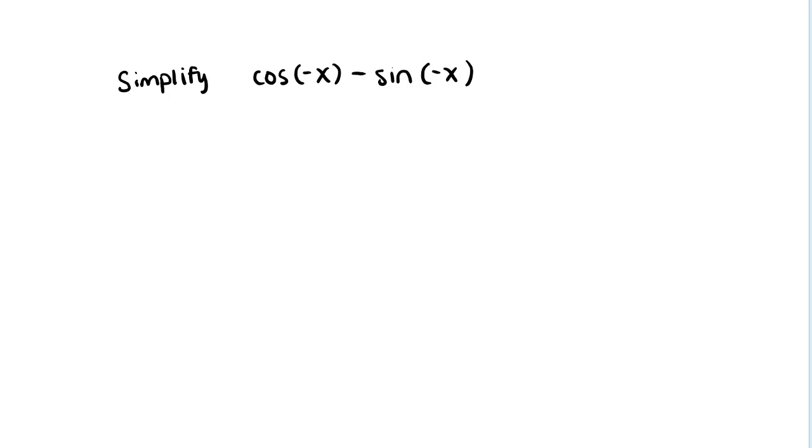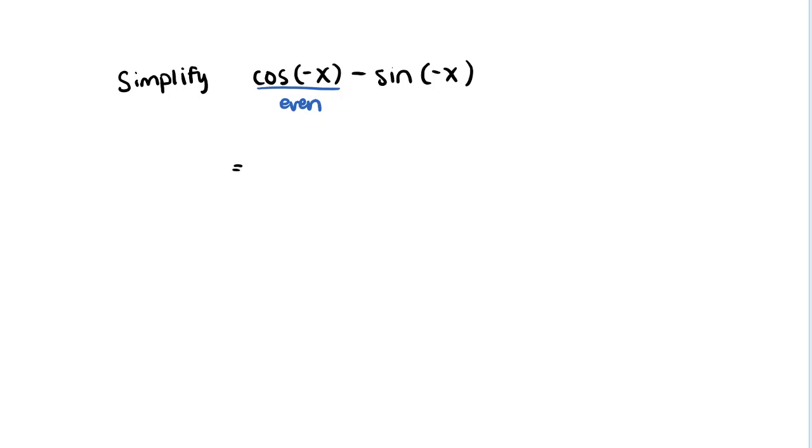And so let me go ahead and show you a quick way we can use these ideas to simplify an expression, to manipulate some expressions. Here we've got cosine of negative x. We're subtracting away sine of negative x, and we want to simplify this. So here, cosine of negative x, using the same ideas as in the last example, is an even function.